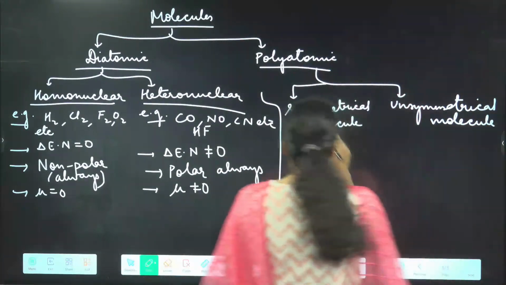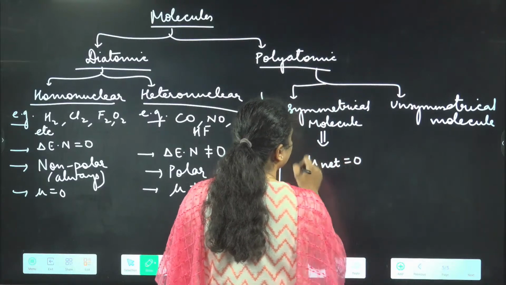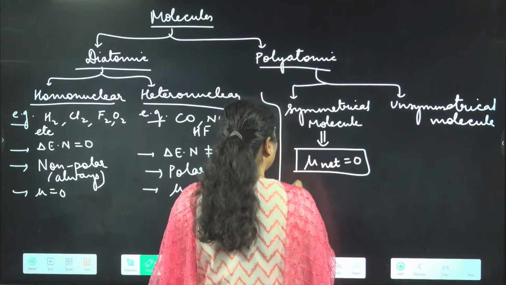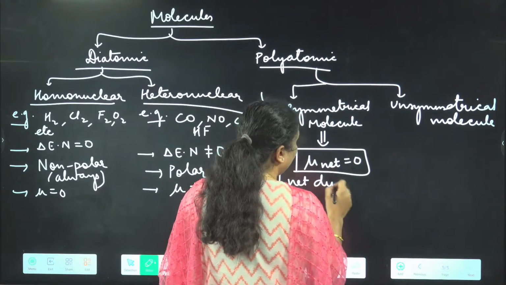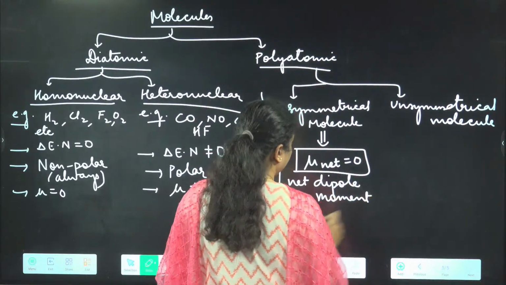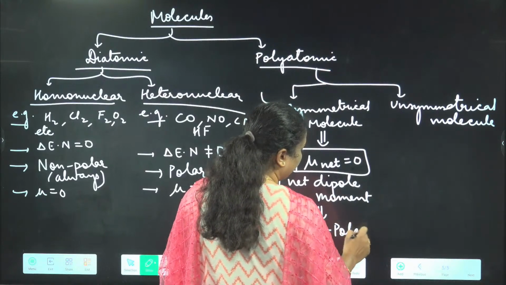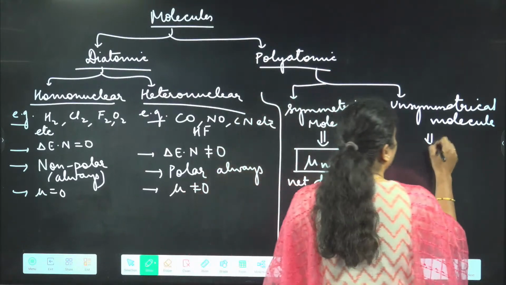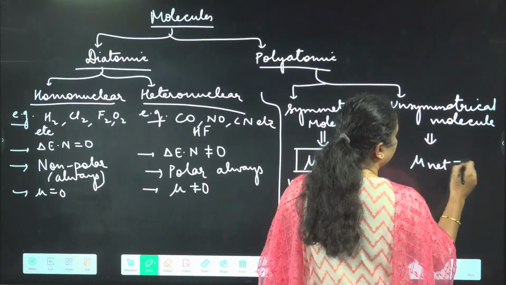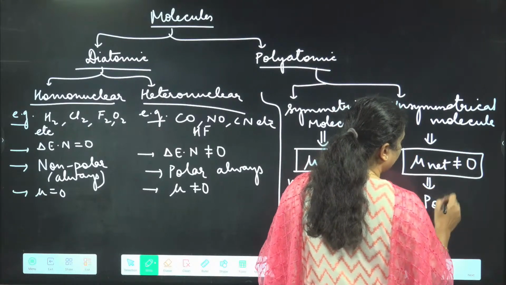So if it is symmetrical, I'm going to have the net dipole moment as 0, the vector summation of all those. In that case, it is going to be non-polar if there is any kind of symmetry. Here, I'll say that the net dipole moment is not equal to 0. So in this case, it is going to be polar.